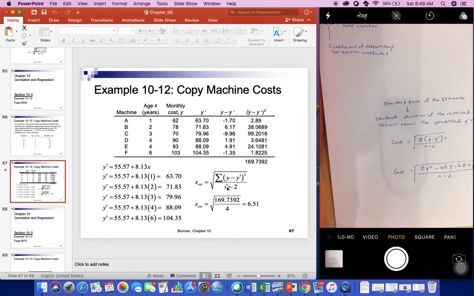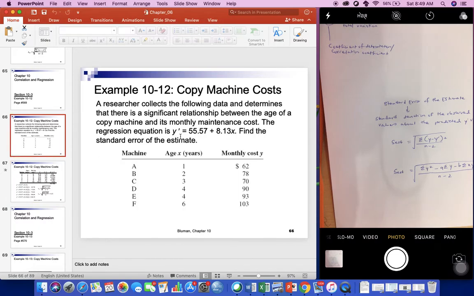Here n is the number of copy machines, 6, so 6 minus 2 gives 4. The value for y is here. And how do we find the y predicted? Using this regression equation, y predicted equal to 55.57 plus 8.13x.